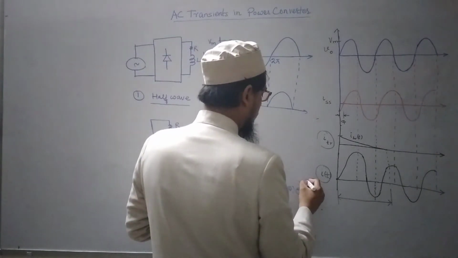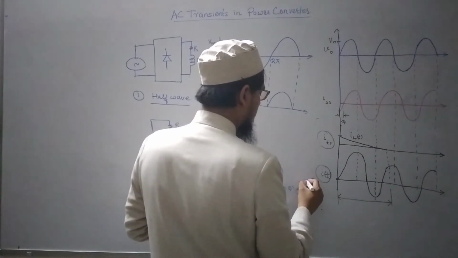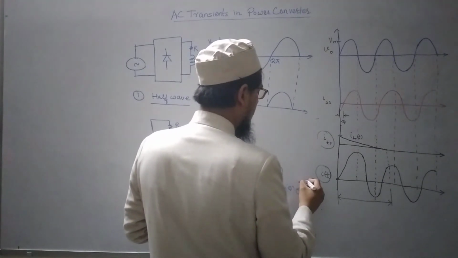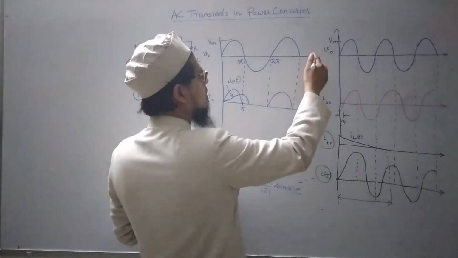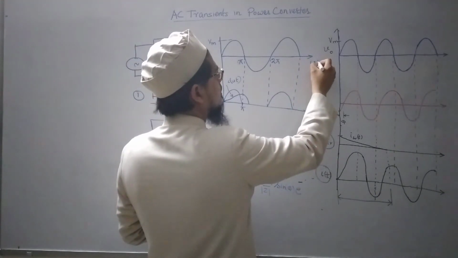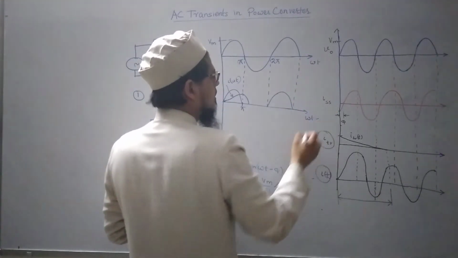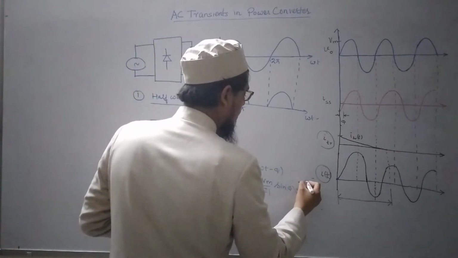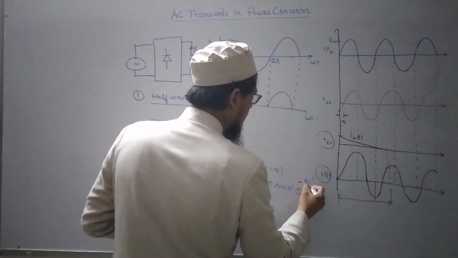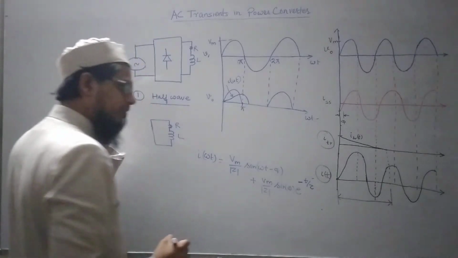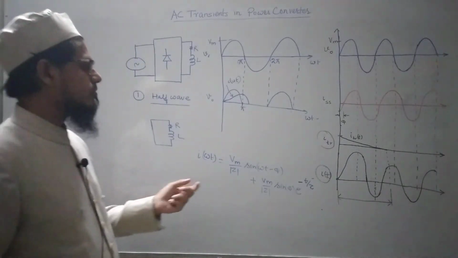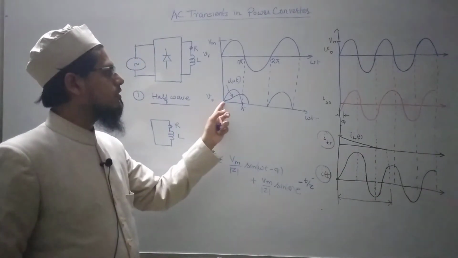It is just a matter of what variable I am taking on the x-axis, whether the angles in radians or time. So I can take here t by tau. So this is the expression of this current.